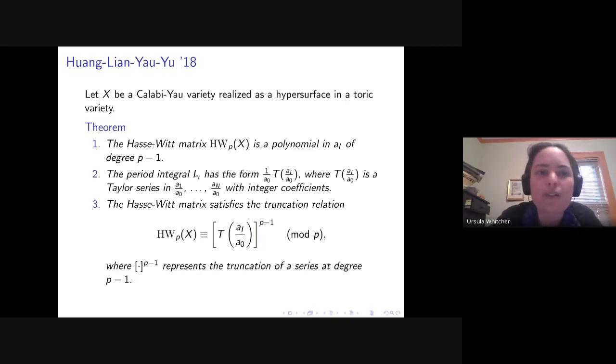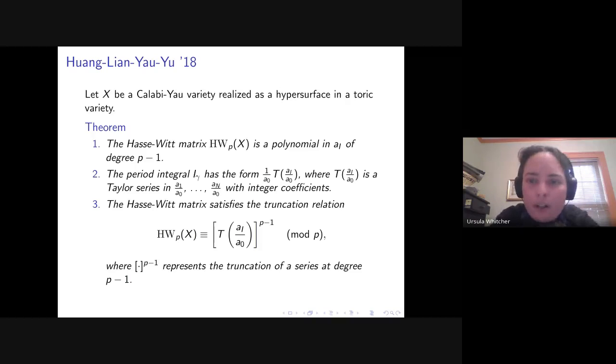So how did Yu, Huang, Lian, and Yau formulate this? Let's look at a Calabi-Yau variety that's realized as a hypersurface in a toric variety. In that sense, we can write down the Hasse-Witt matrix as a polynomial in the a_i, which are, in this case, the information that we have about our hypersurface. This is just the notation that they use.